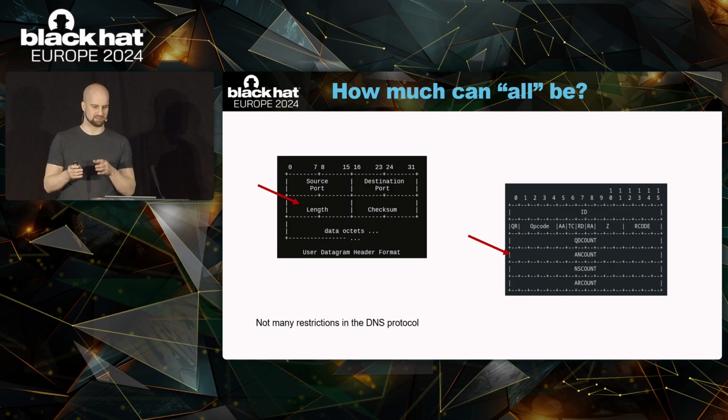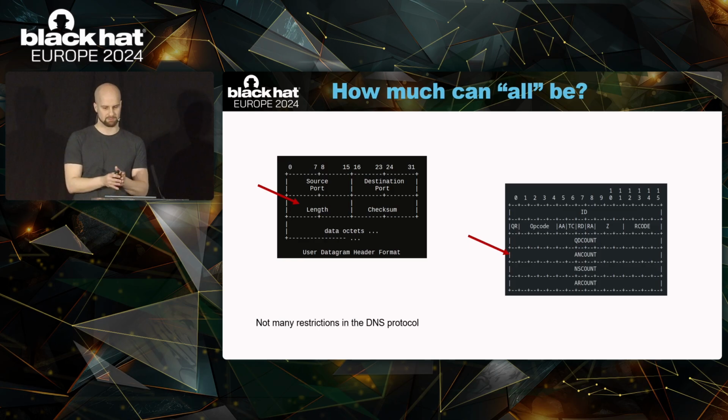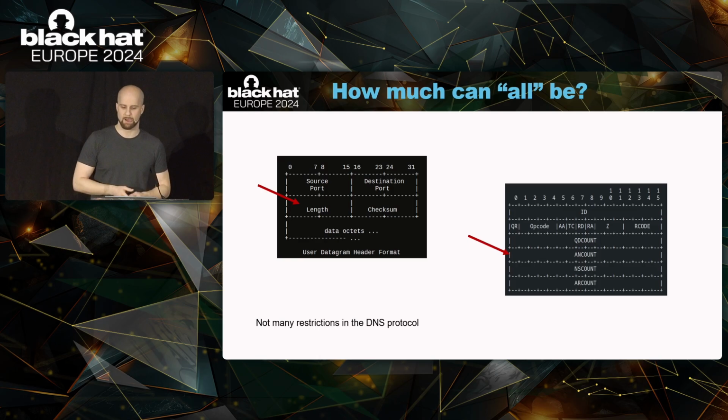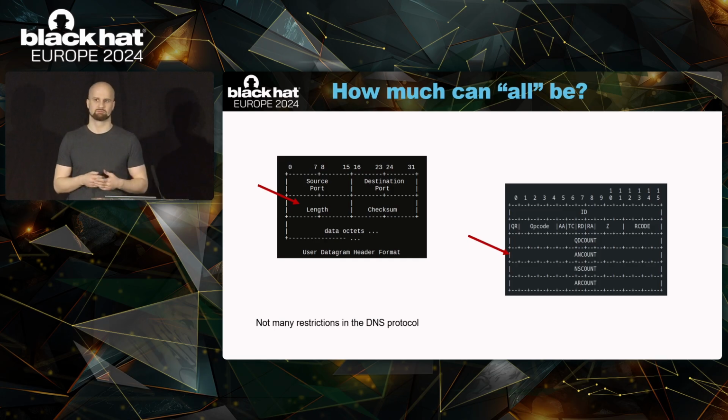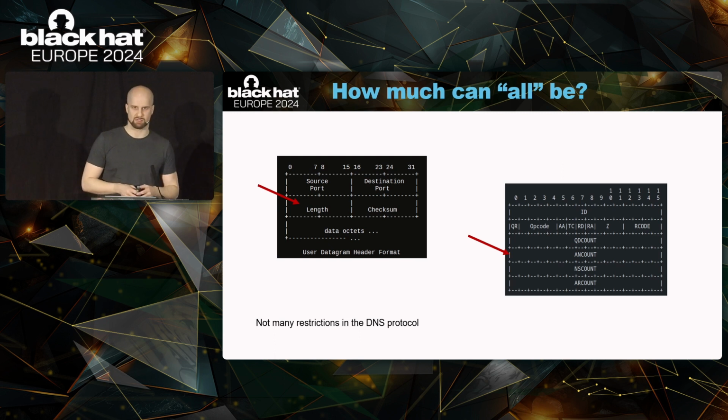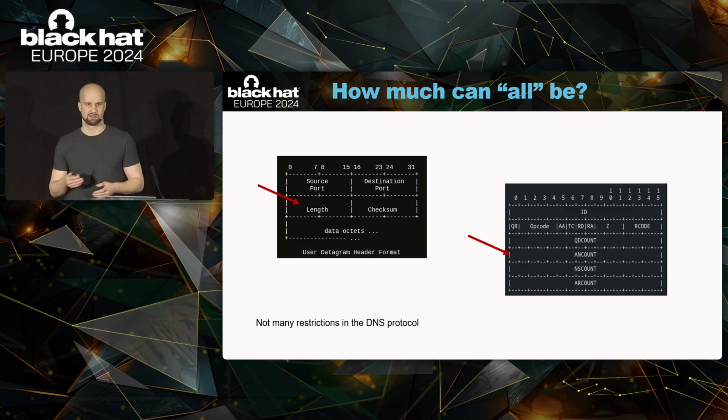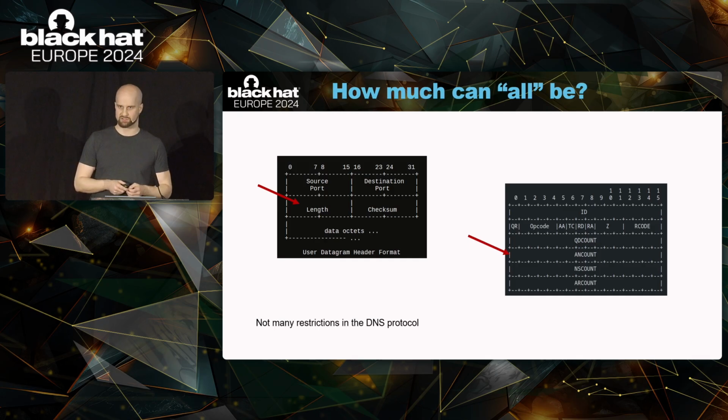DNS key and signature records must be conveyed in the same message and even in the same section for that to work. So record sets in DNS must not be split across multiple sections or even multiple messages. So in the end, our bottleneck here is the length specifier from the transport layer, which is 16 bits. And that's the same for all the transport protocols which have been specified for DNS.